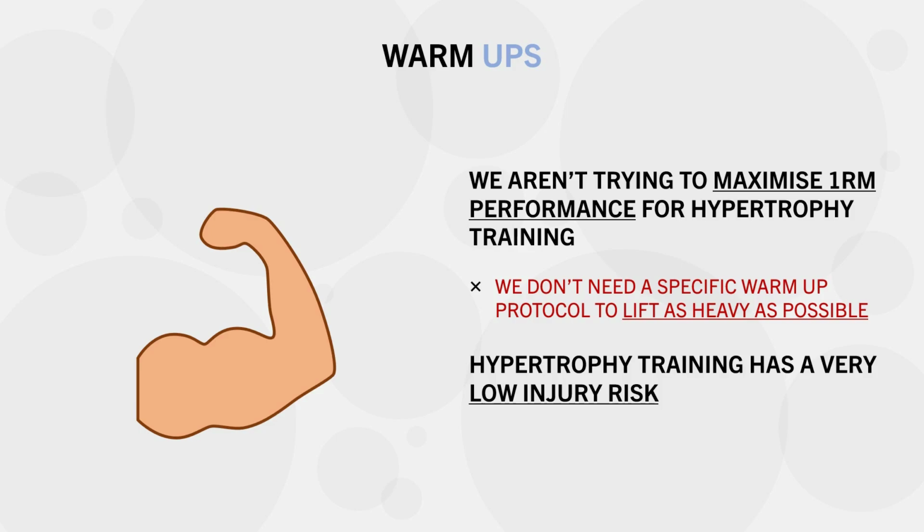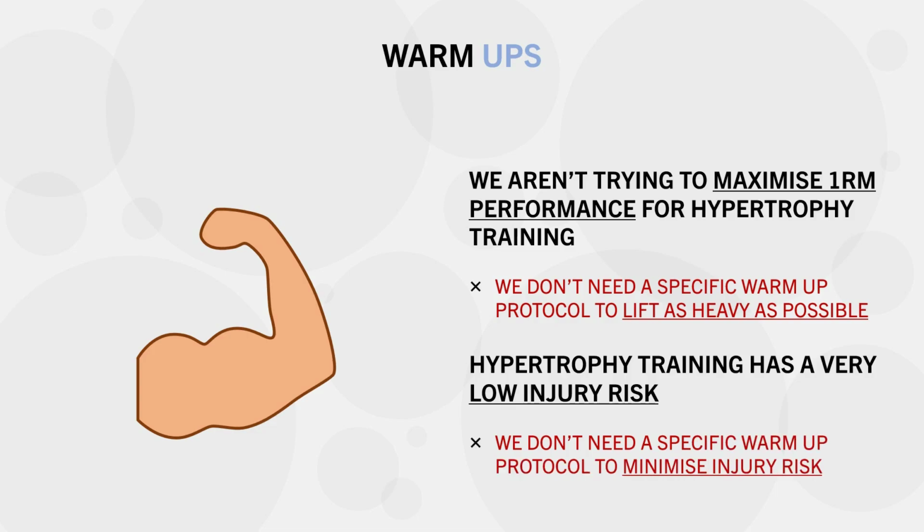And second is because hypertrophy training naturally has a very low injury risk compared with other lifting-related tasks and other sports. This is due to a number of reasons, such as using lighter loads than strength sports, using slower and controlled movements, and the ability to manipulate many different training variables while still achieving a great hypertrophy stimulus.